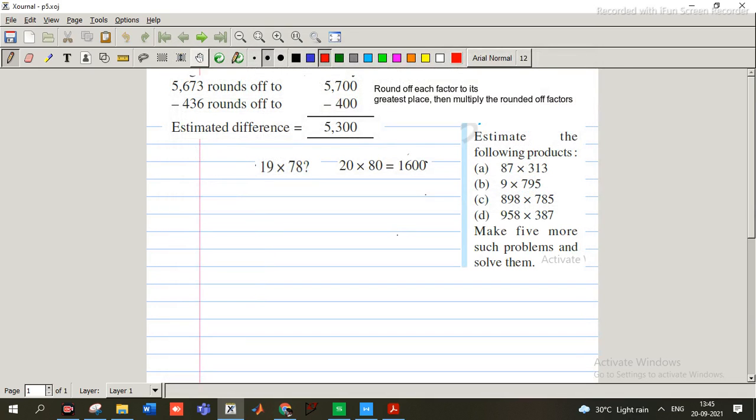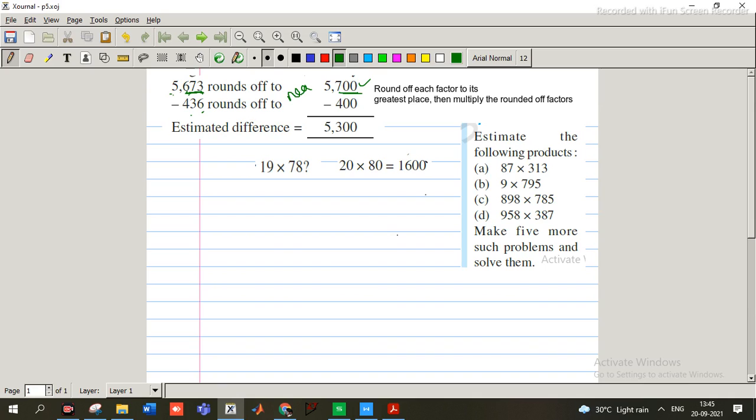Here's one more example of the difference itself. The number is 5673. Once I approximate it, 673 to the greatest integer will be 700, and 436. Here we are rounding off to the nearest hundreds.